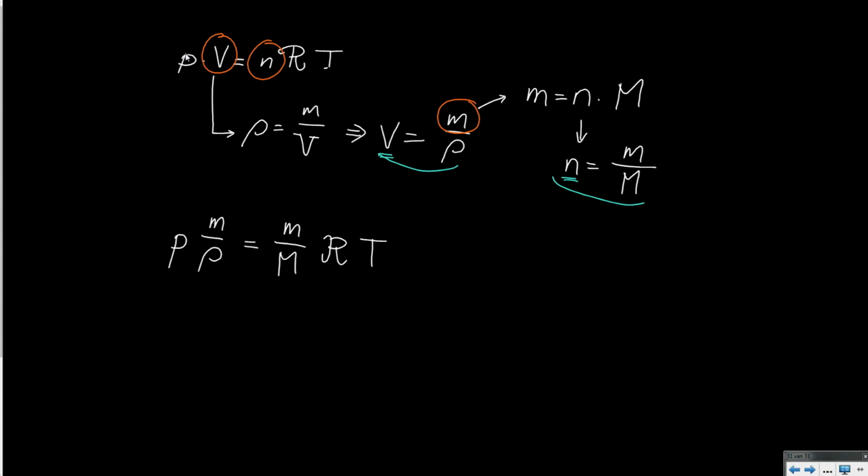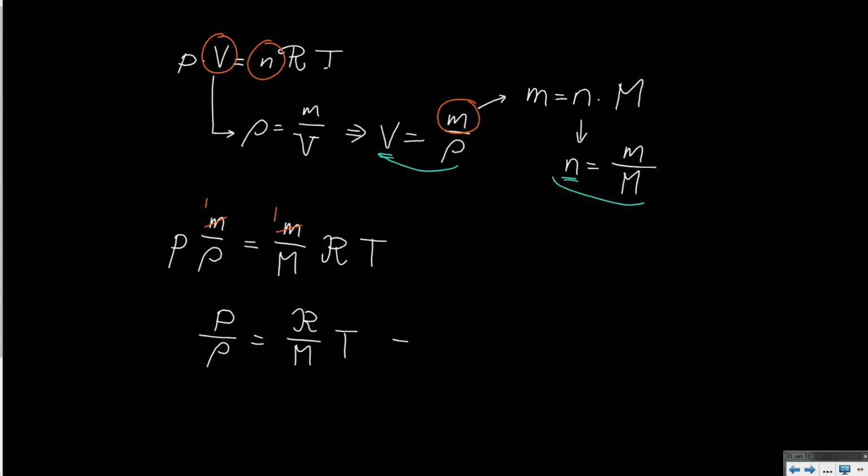What we now see is that we have the mass on the left and right side of the equation. So if we divide both sides by the mass, we get a different equation, which has now become independent of the amount of air that we're talking about. The pressure divided by the density is the gas constant divided by the molar mass times the temperature.